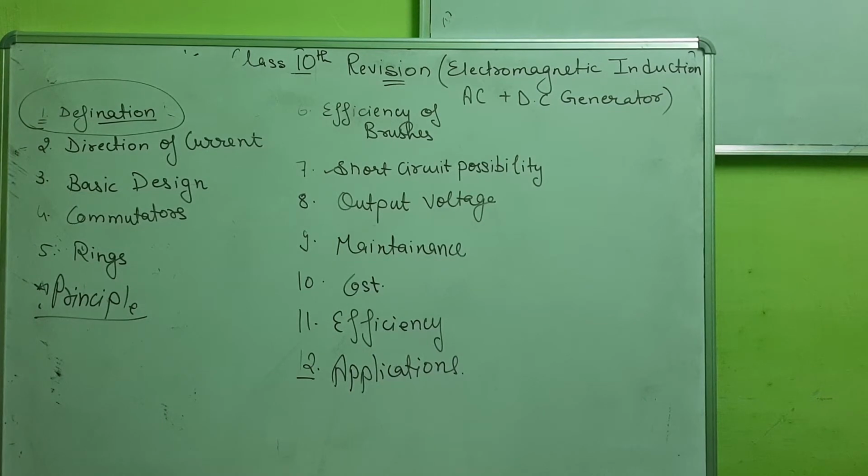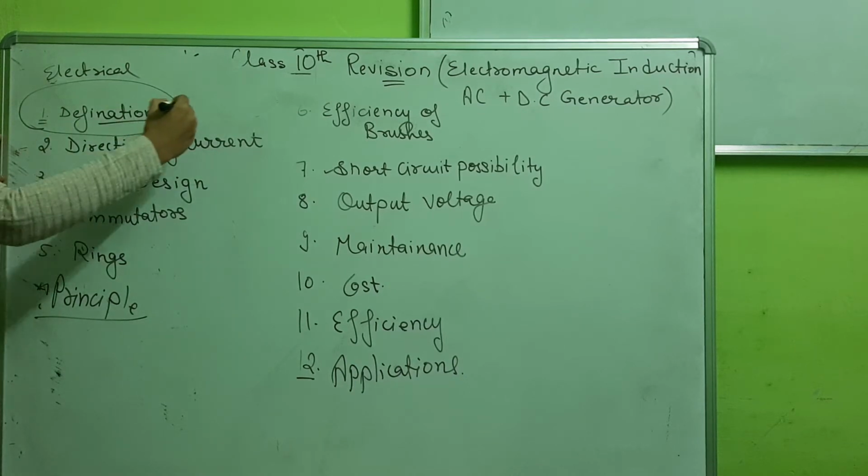The definition: AC generator is the device which basically changes mechanical energy into electrical energy, with a change in the direction of the current. Whereas in DC, the direction of the current will remain the same.